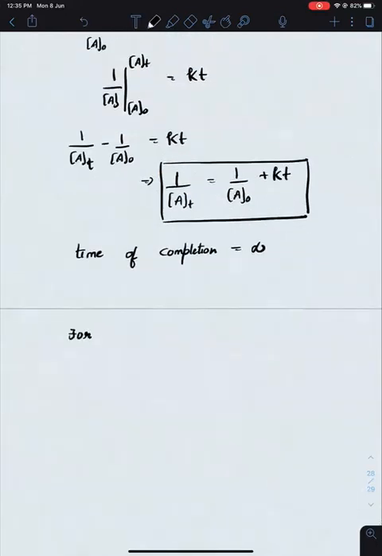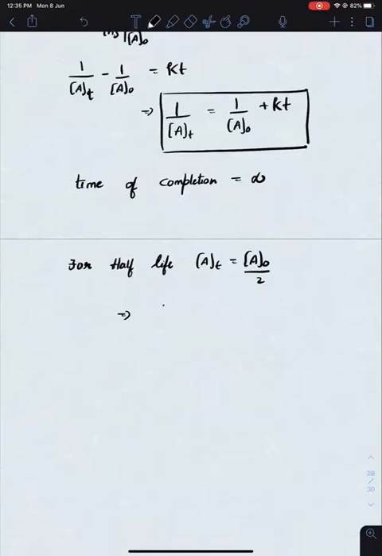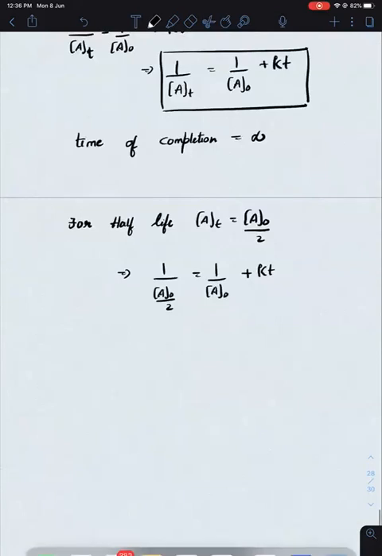For half-life, at is equals to a naught upon 2. This implies 1 upon a naught upon 2 is equals to 1 upon a naught plus kt.